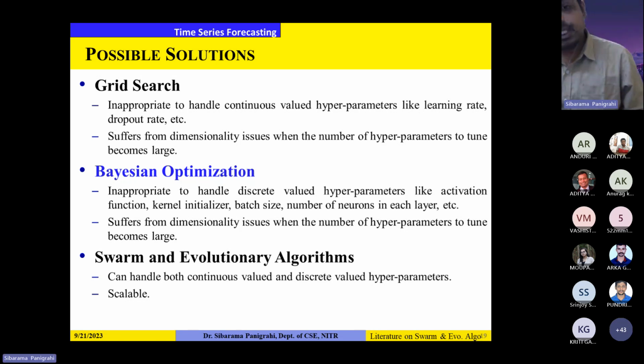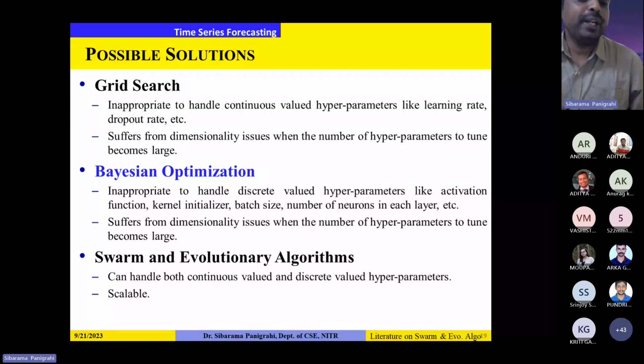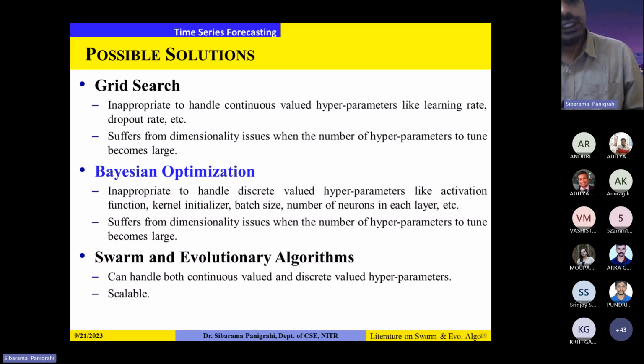Then the second approach is Bayesian optimization. But the Bayesian optimization is more appropriate for continuous valued hyperparameters, but it cannot appropriately handle the discrete valued hyperparameters like activation function, kernel initializer, number of neurons in each layer, and it also suffers from dimensionality issues.